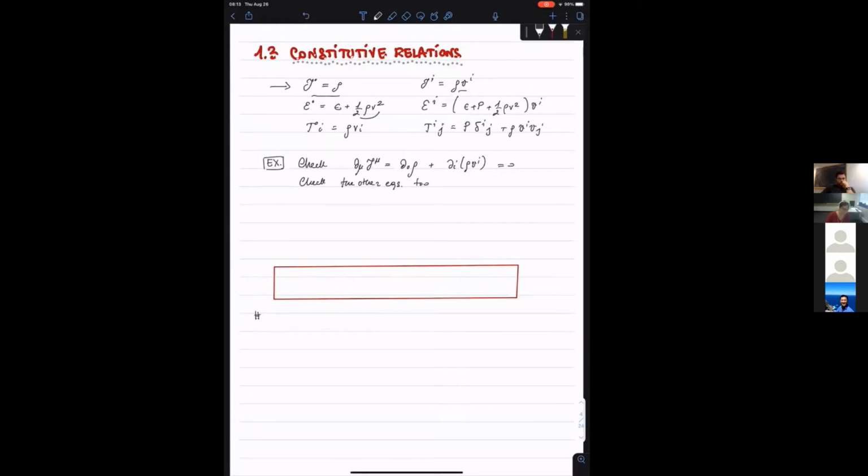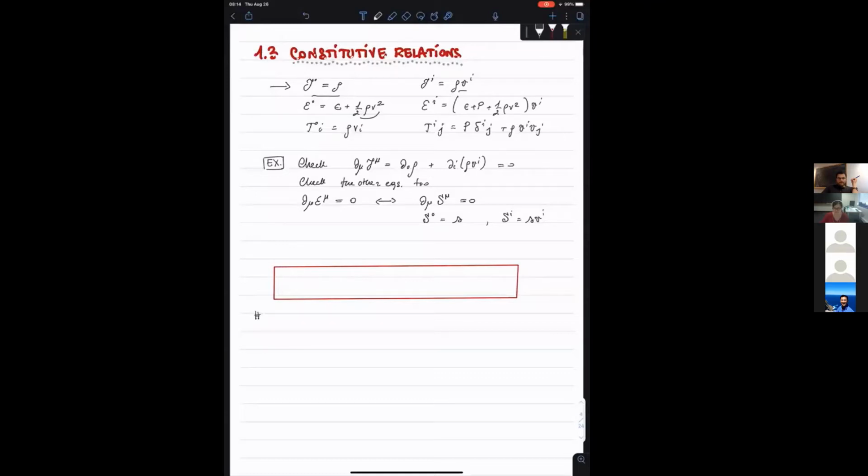You can see that, for example, the conservation of the energy current is equivalent to the conservation of an entropy current, where the zeroth component is the entropy density, and the spatial component is the entropy density times the velocity field.